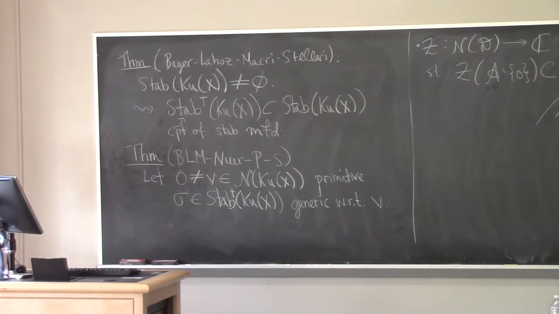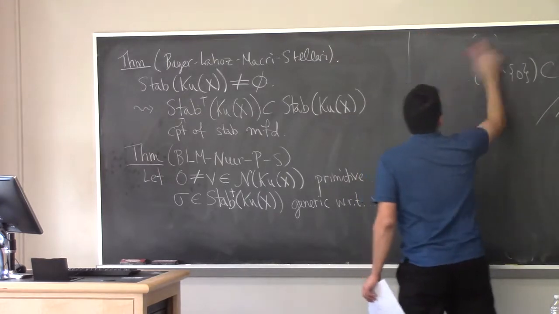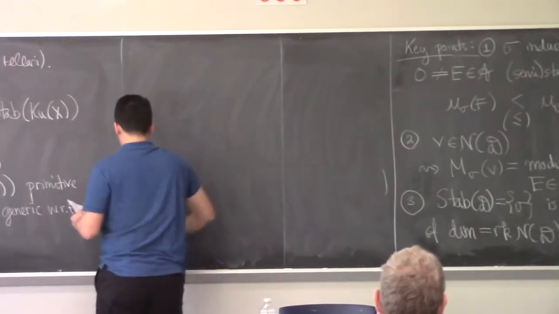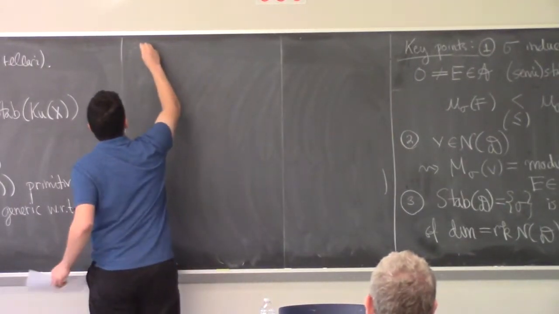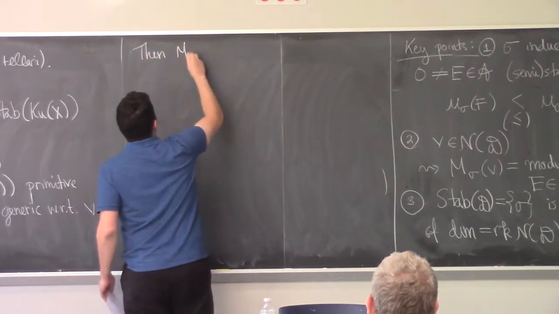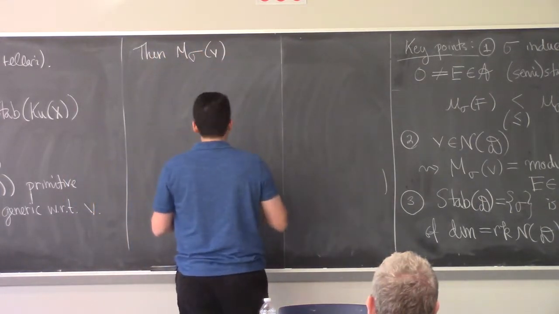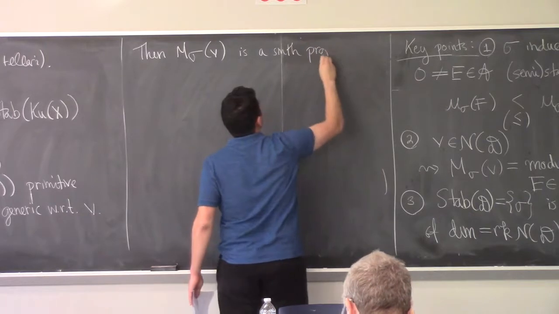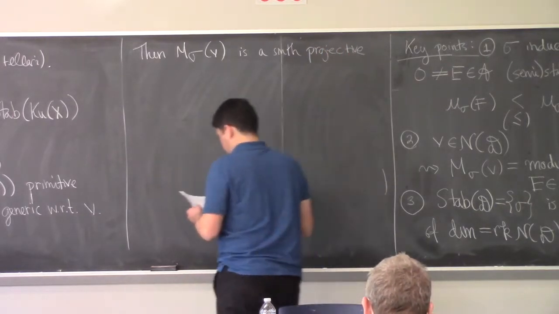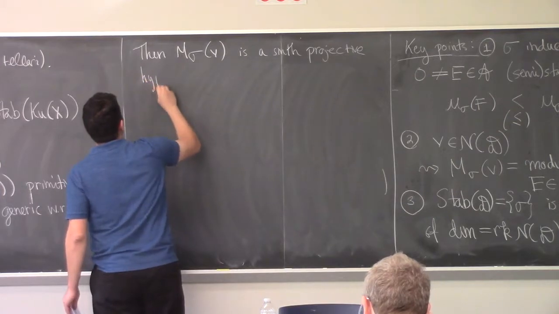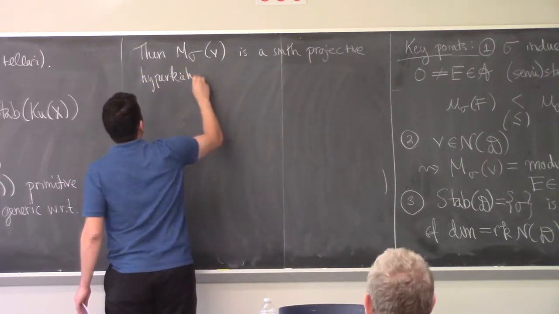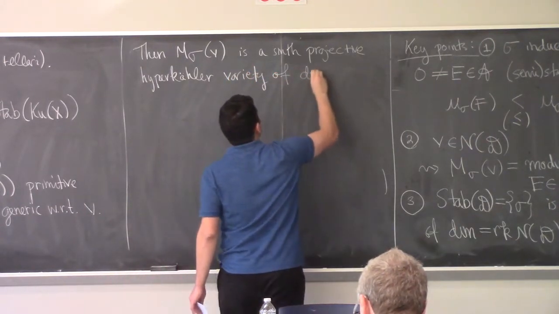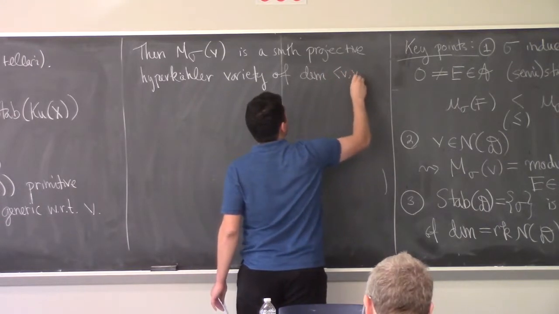And then the theorem is the following. M sigma V is a smooth projective hyperkähler variety of dimension V paired with V plus 2.